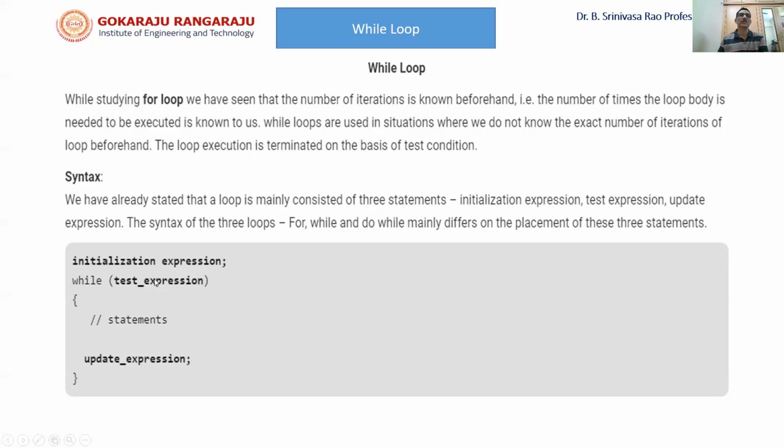The condition is tested. If the condition is true, we enter into it, all the statements are executed, and then the expression value is updated. With the updated value, again we go for the test condition. As long as this test expression is true, the loop will be executed. Whenever the test condition fails, we come out of the block.